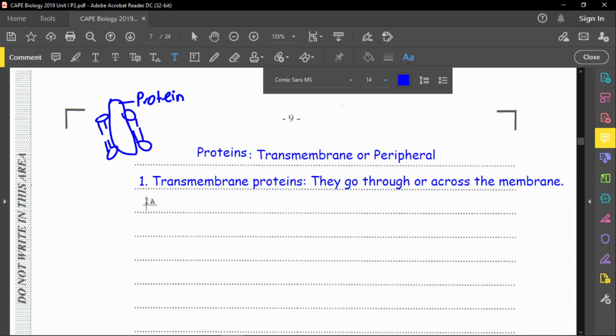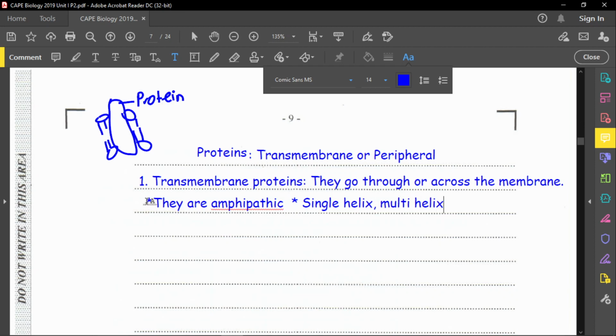Also, they may arrange in different ways. They can arrange in a single helix, which means there's one helix line of protein going through, or they can be multiple helix, multi-helix as well.